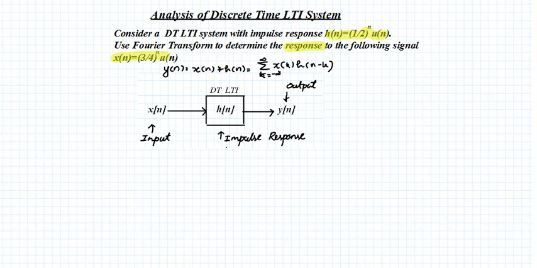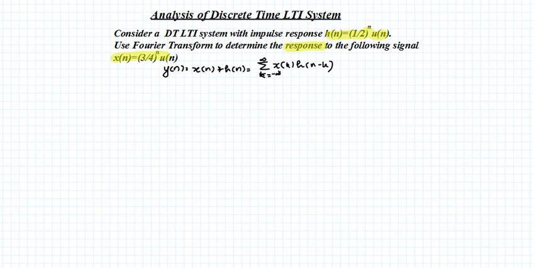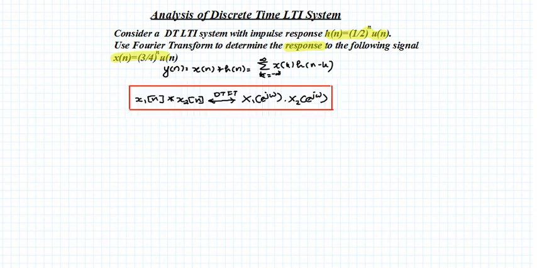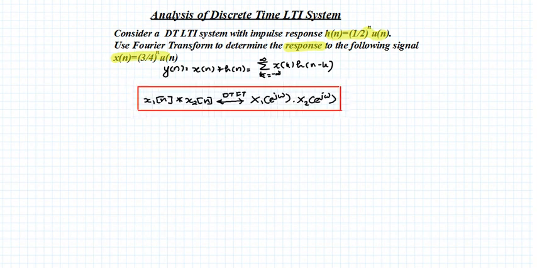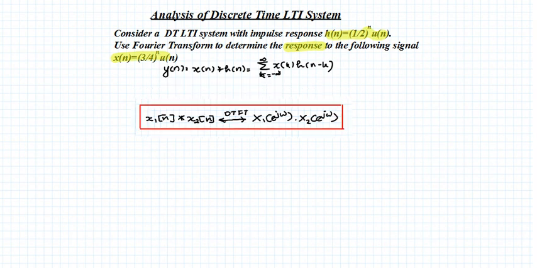So here we can use the transform concept: if there is a convolution in the time domain, by using DTFT properties it becomes multiplication. So if you use this property here, you can write the DTFT of this equation.